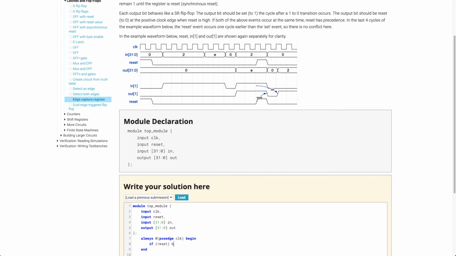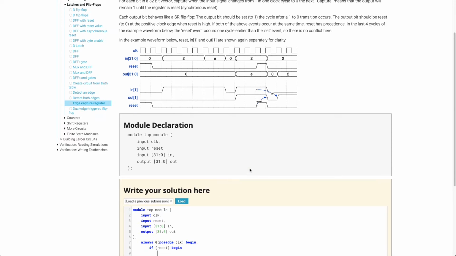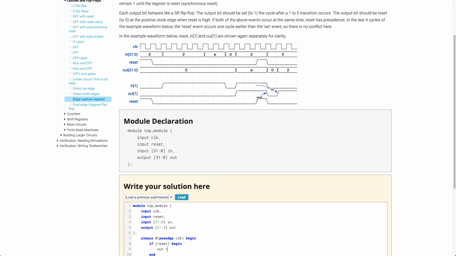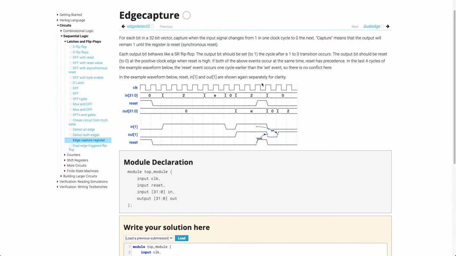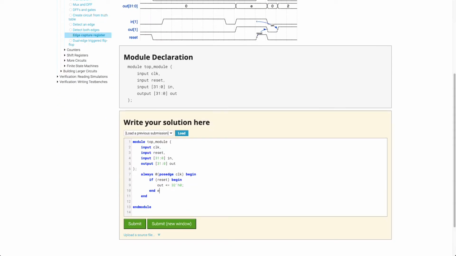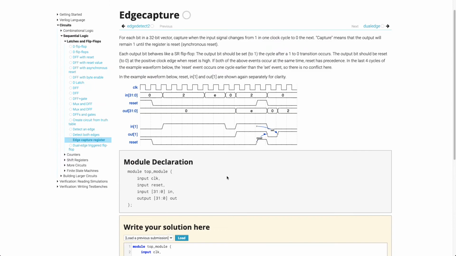So if reset, no matter what, next cycle, we need the output to be 0. Should we reset to 0? Okay. Now, if I'm not at a reset situation, then, so here, I'm not at a reset situation.